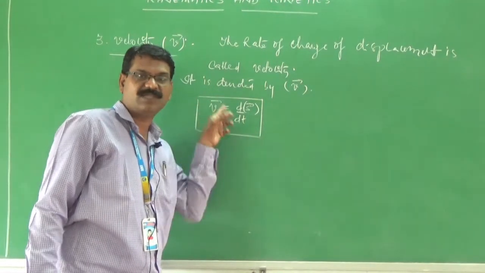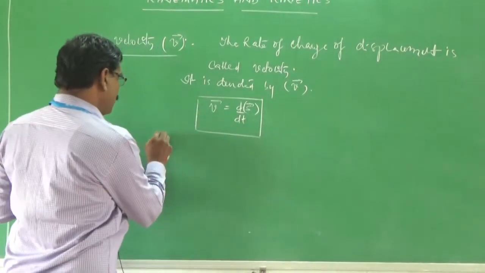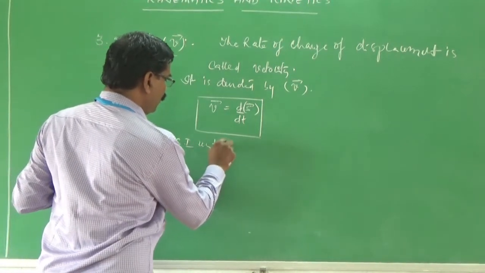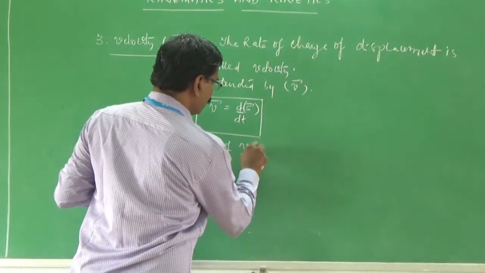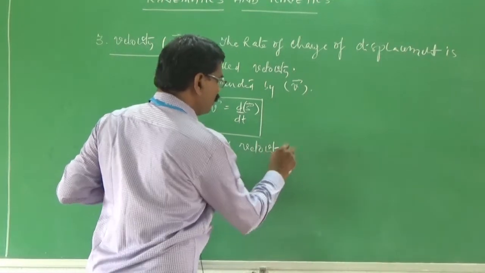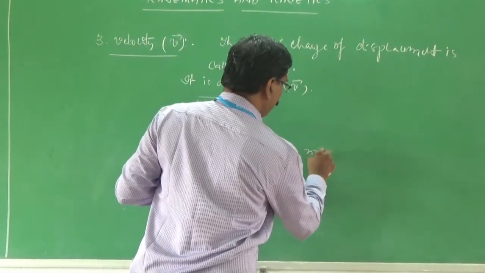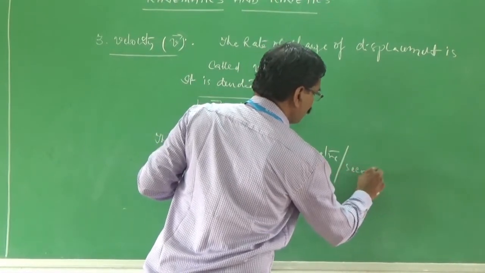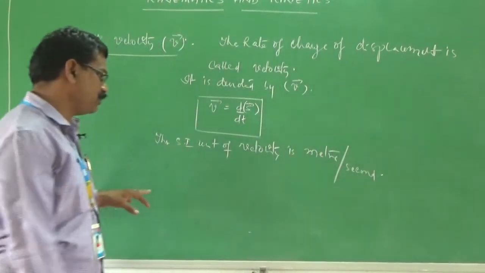What is the SI unit of velocity? The SI unit of velocity is meters per second. This was the exclusive SI unit.